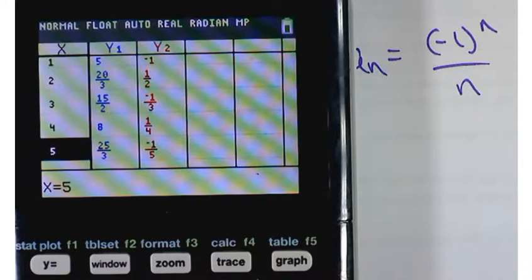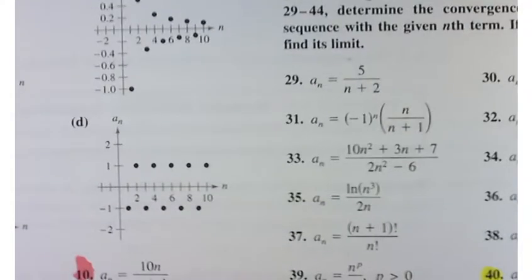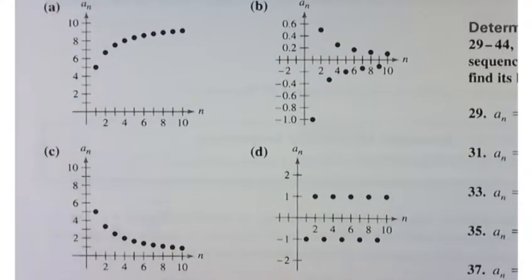So let me put up the graphs for you. You've got your graphing calculator in front of you, hopefully with these values on it.